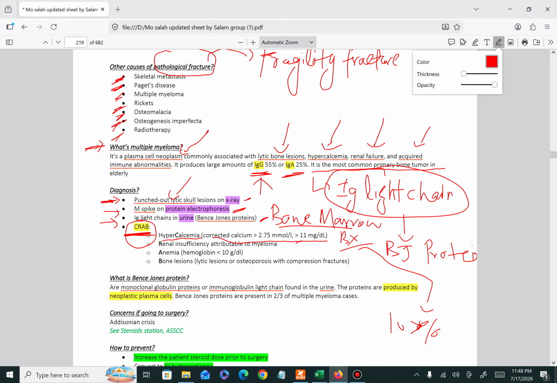R is for renal insufficiency attributable to myeloma. Then there is anemia, and the fourth clinical feature is lytic bone lesions, or osteoporosis with compression fracture.